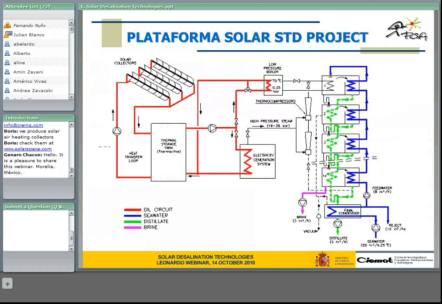This is the configuration of the system that we had initially at the beginning. You can see the parabolic trough field and the thermal storage tank, and from this thermal storage we pump the oil with a pump to a low pressure boiler, which produces steam. This steam was used to feed the first cell of the plant.